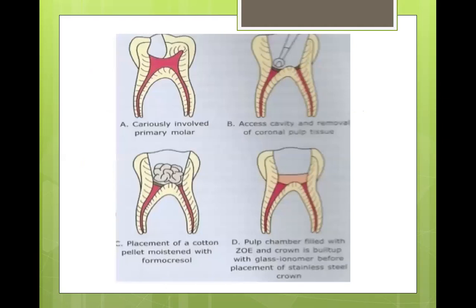So you remove the caries, get into the pulp chamber, and remove the coronal pulp tissue. You can do your removal with a sharp spoon excavator, or a round burr on a slow handpiece. You put your cotton pellet on, a dry cotton pellet first, with pressure to get hemostasis.